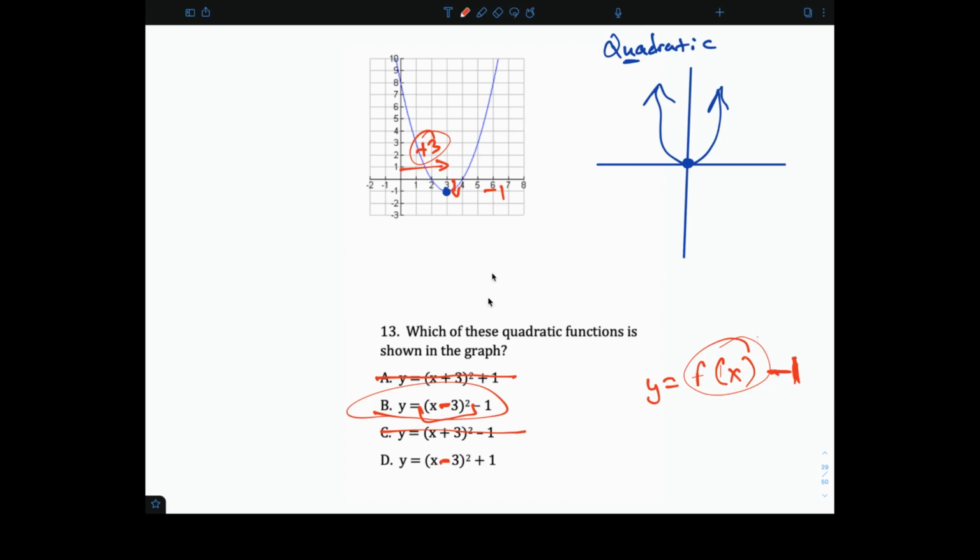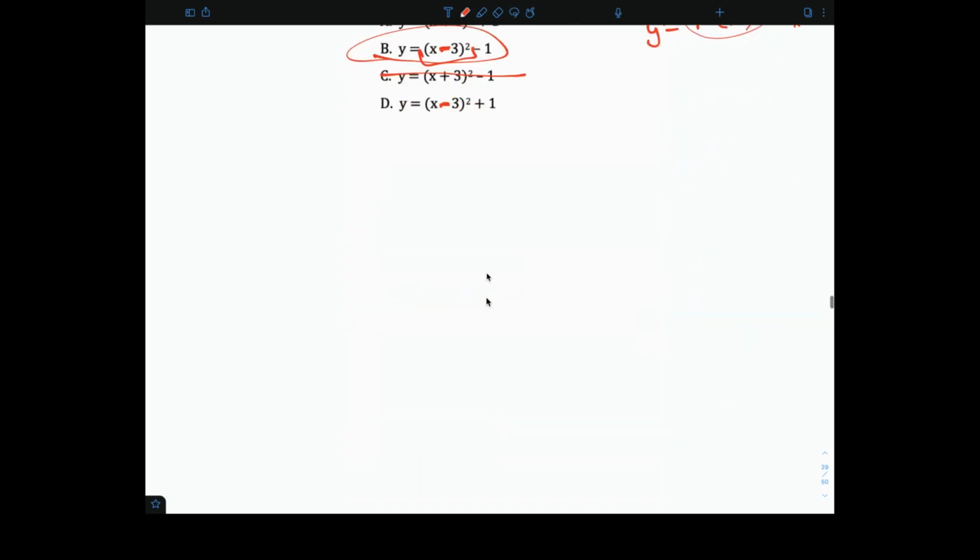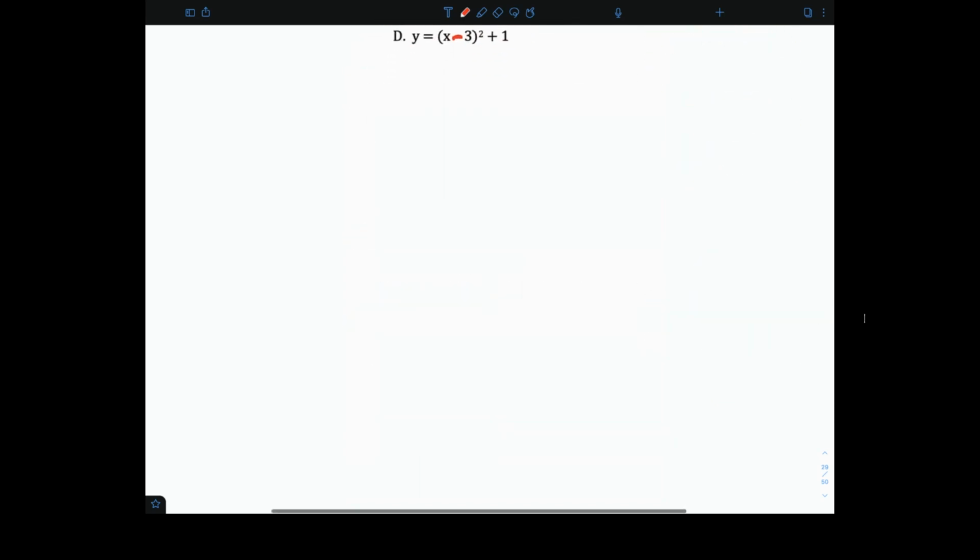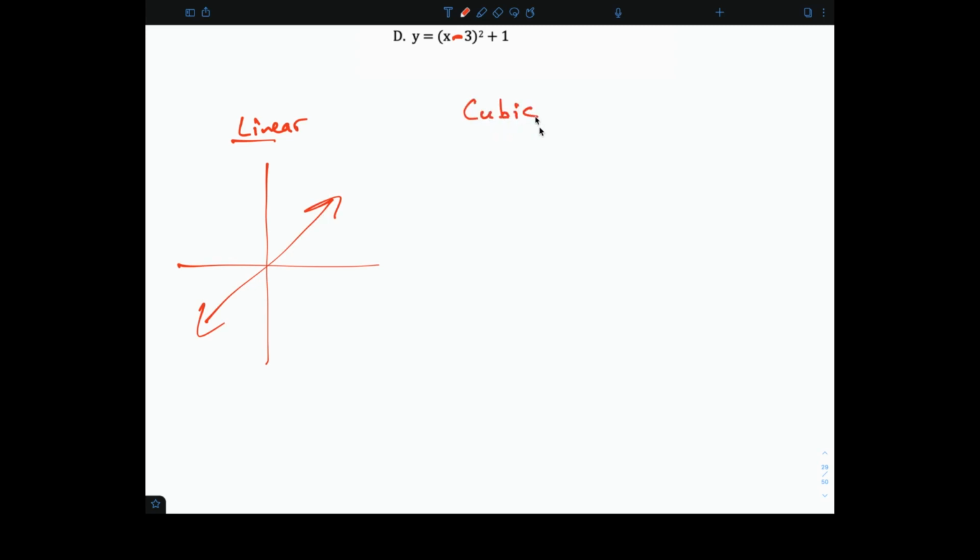Okay. Since we talked about parent functions, why don't I just run through them very fast? We did the quadratic. We also have linear, so that's easy because that's just the line. That's what that one looks like. We also have the cubic, which looks like a snake.